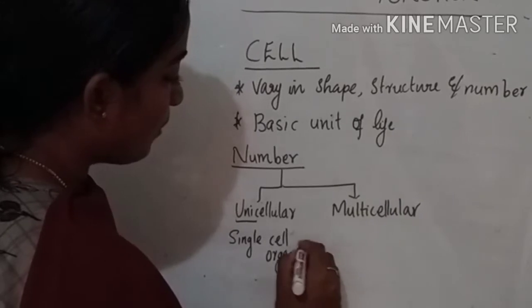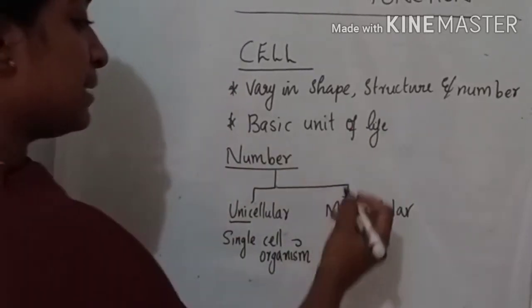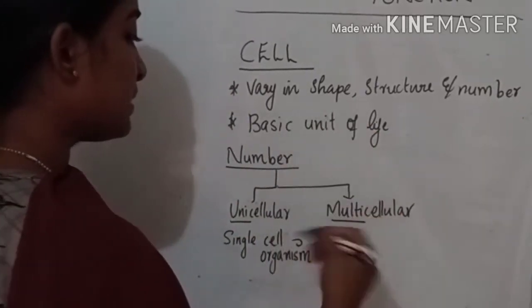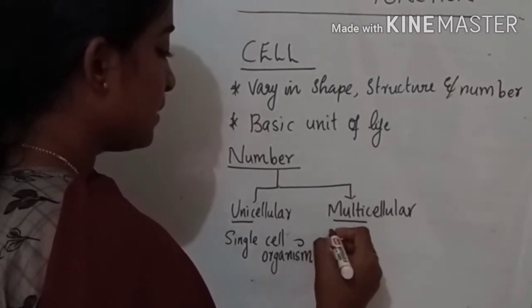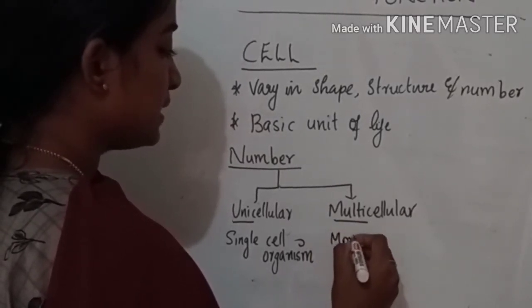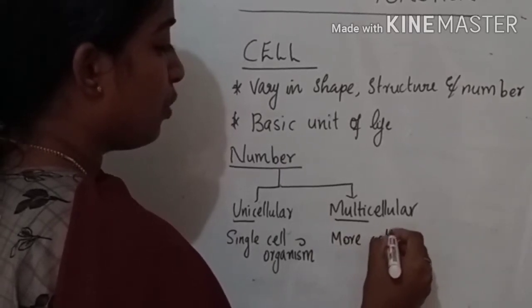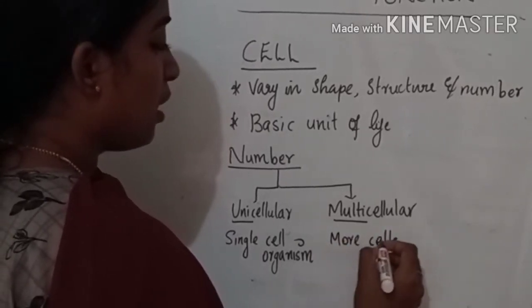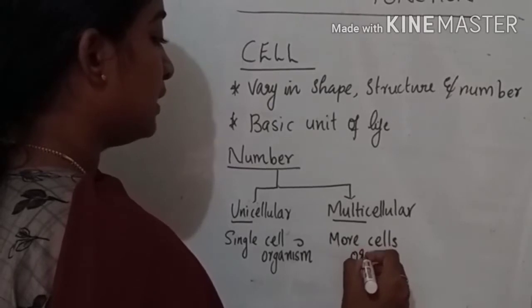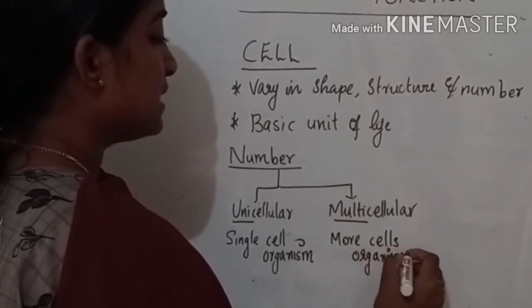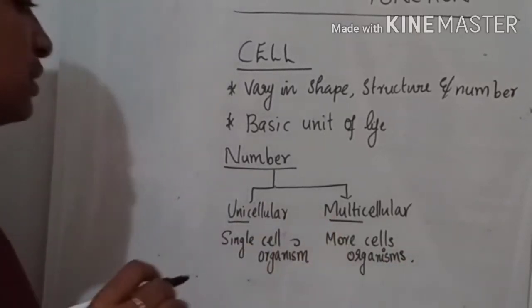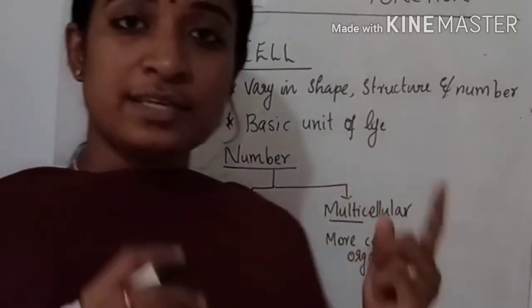whereas in the multicellular organism, multi means more than one. So we can write, more cell organisms are called multicellular organisms. Can you give one example for a multicellular organism?